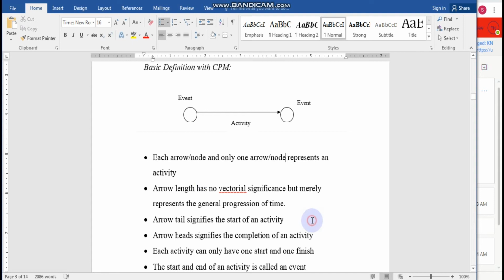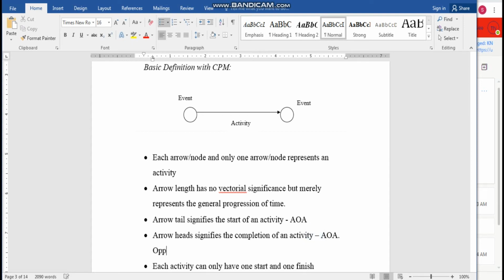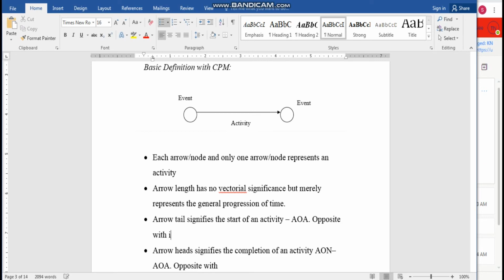So this one is strictly applicable to AOA, and it will be vice versa, completely opposite, when it comes to AON.